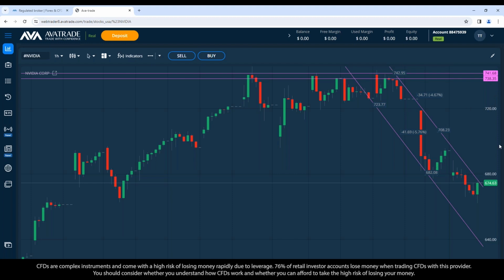But it's all about entry point with this particular move. If the fundamentals have you convinced, and I'm not saying you have to buy here, you could sell if you want, but if the fundamentals have you convinced that buying makes sense on NVIDIA, then it's all about when the market opens, can you get the price that you want?